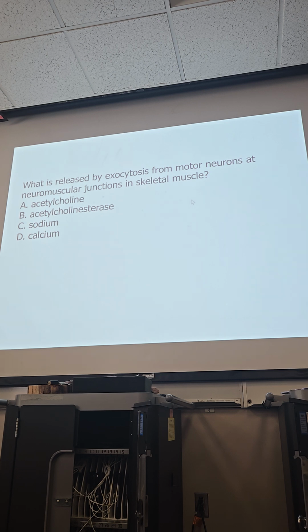Sodium moves along the gaps between your myelinated cells, inside the axon. Acetylcholine is released at the neuromuscular junction. That is the neurotransmitter, so A is the correct answer. What does B do? What does D do? It's released in the SR to allow contraction to take place.